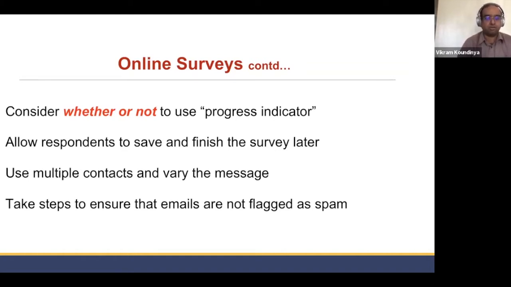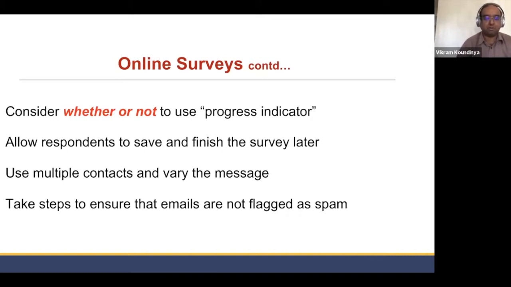It's always good to use multiple contacts, minimum 4. For online surveys, the literature says that you can go more than 4 follow-ups. But it is good not to have too many follow-ups and fill people's inboxes with our survey emails.